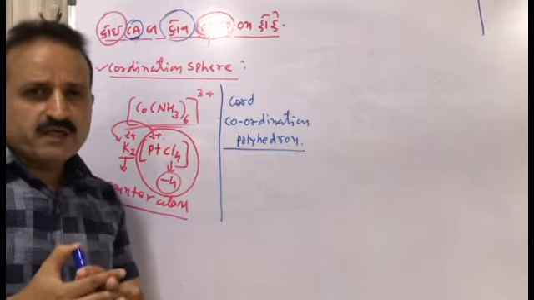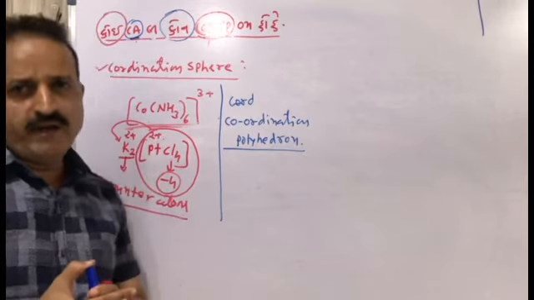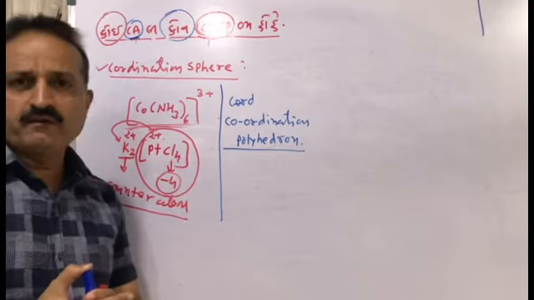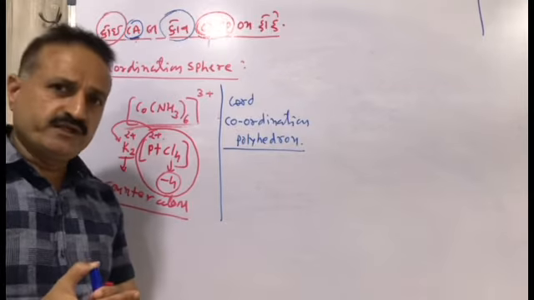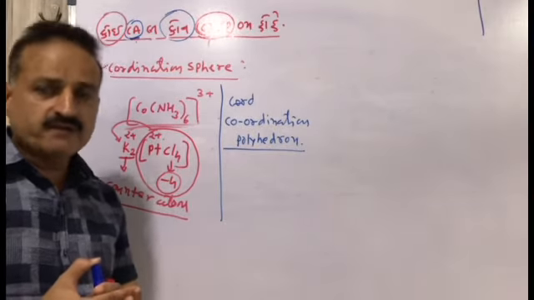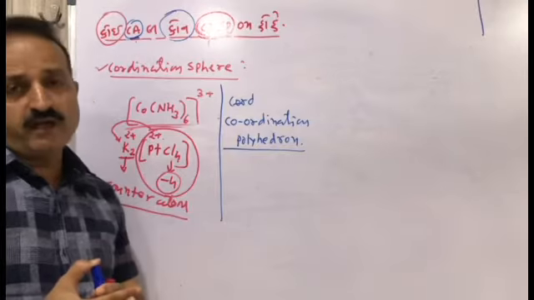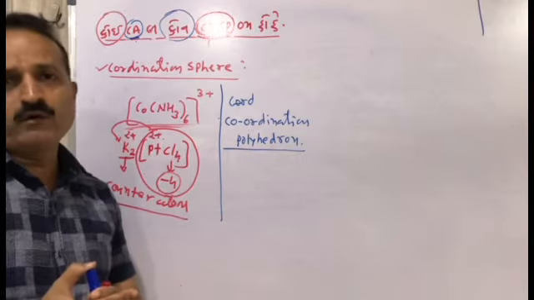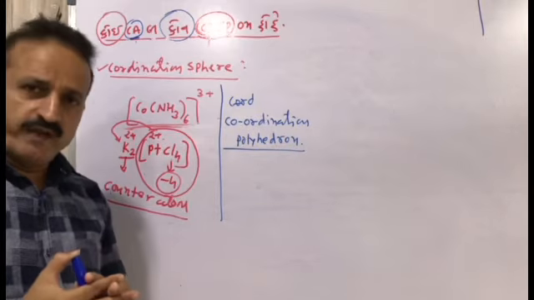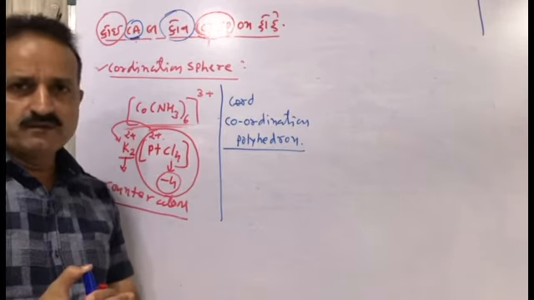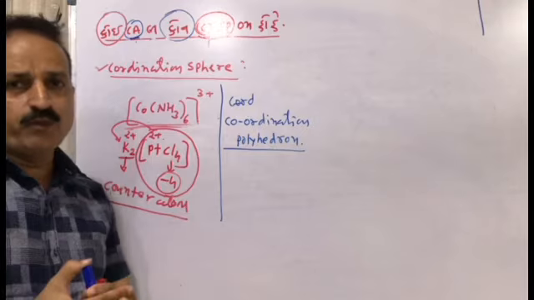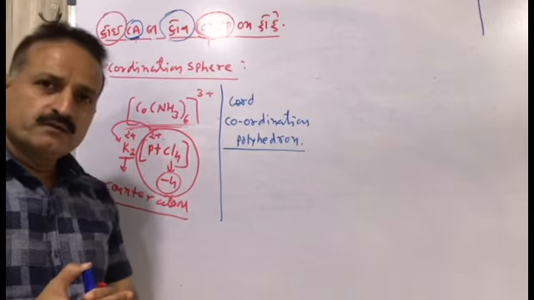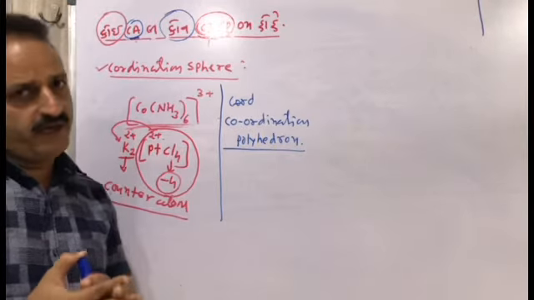All these geometrical shapes are obtained by attaching ligands to the central atom, and it depends on the number of ligands. So we have some examples and we will decide which type of polyhedral design is obtained. Let's see.